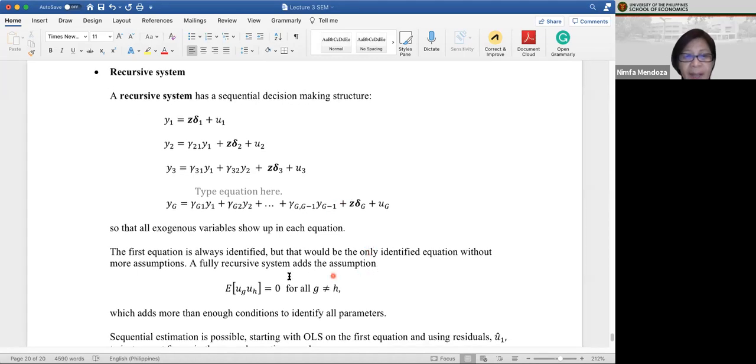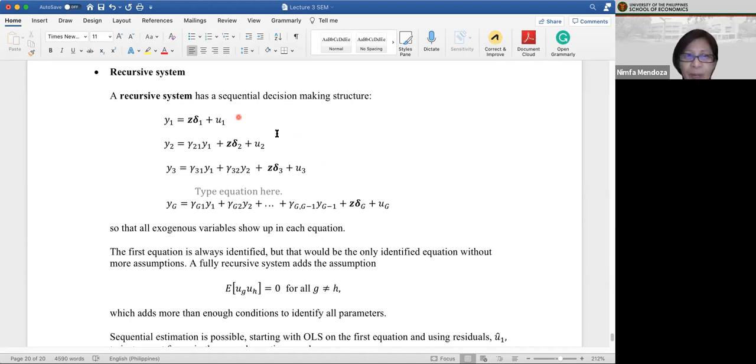A fully recursive system has the equation: expected value of u sub g, u sub h is equal to 0 for all g not equal to h. So that is the covariance between any two disturbances where the disturbances do not belong to the same equation.